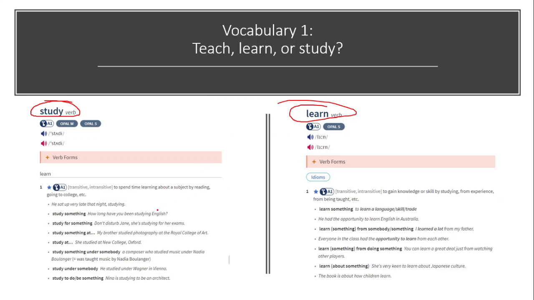study and learn. Study means to spend time learning about a subject by reading, going to college, etc. Okay, while learn means to gain knowledge or skill by studying.